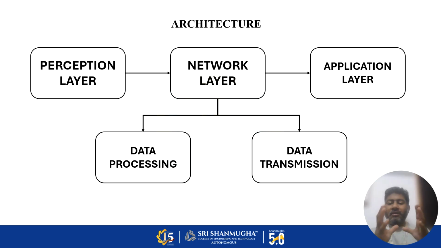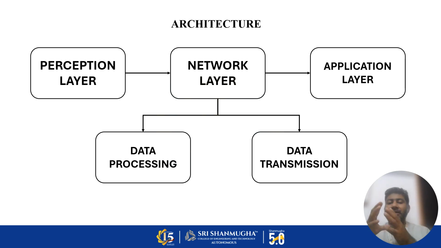Which means without the input from the previous layer, the next step won't be processing anything. So here you have three layers in IoT: perception layer, network layer, and application layer. The perception layer is also called the sensing layer, where the data is being sensed.